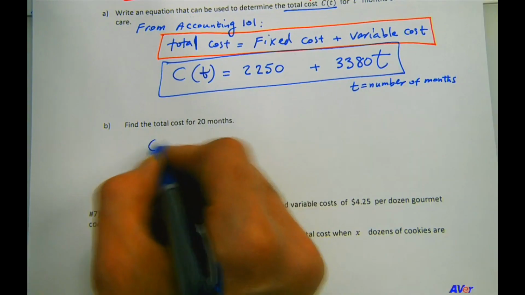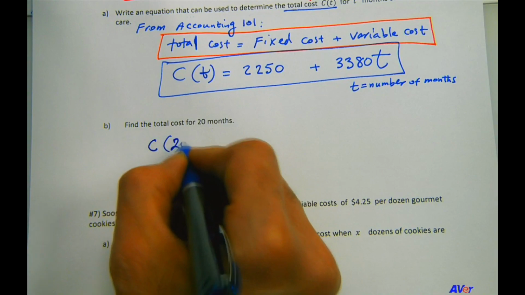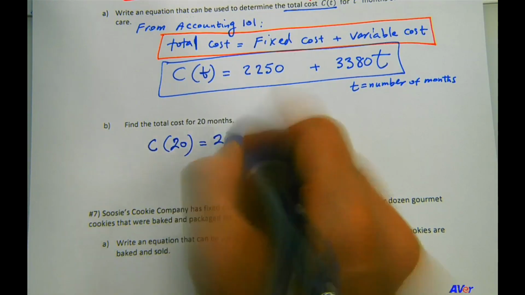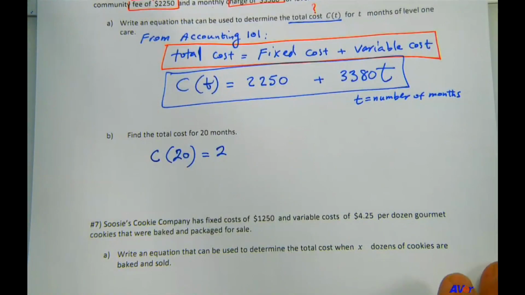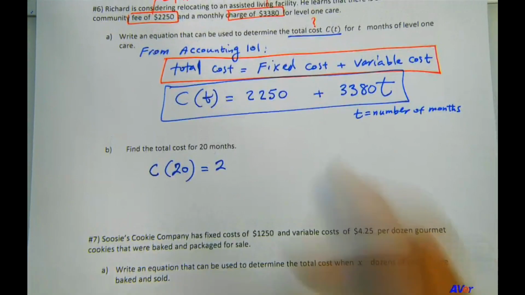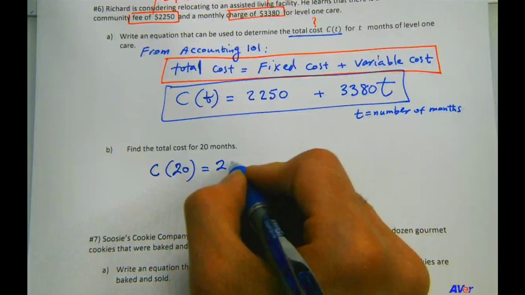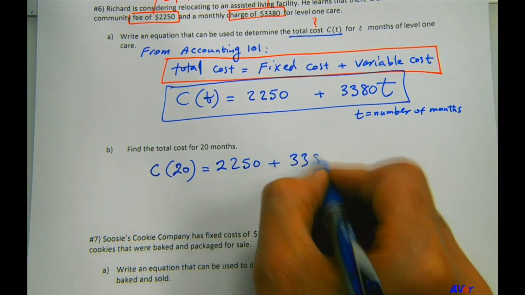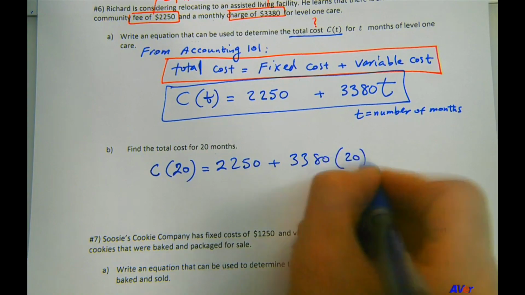So the total cost for 20 months is equal to 2,250 plus 3,380 times 20.